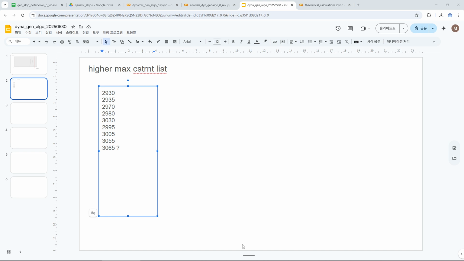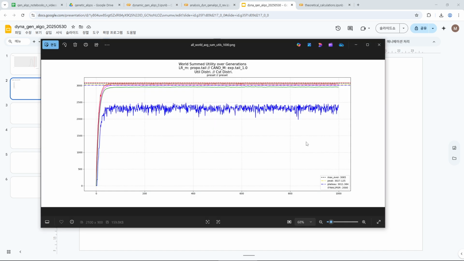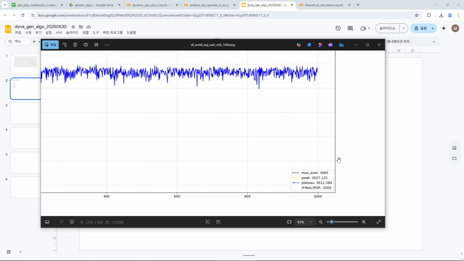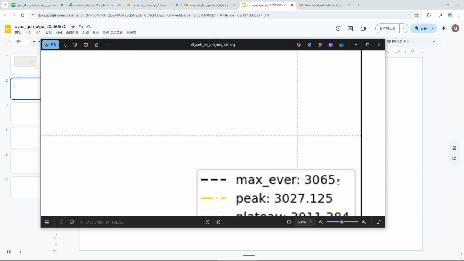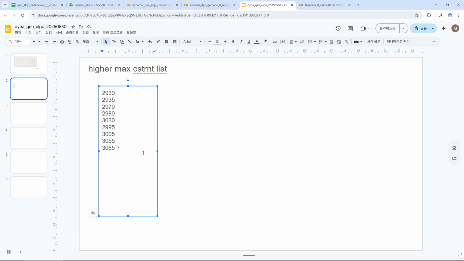This is still the same, except now we have the population set to 2,000 entities, and the generations still being 1,000, and we still get 3,065.